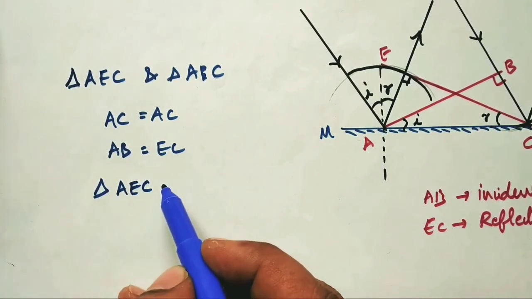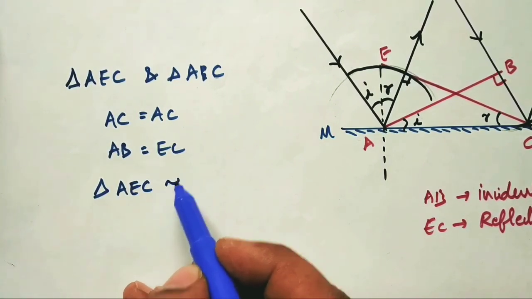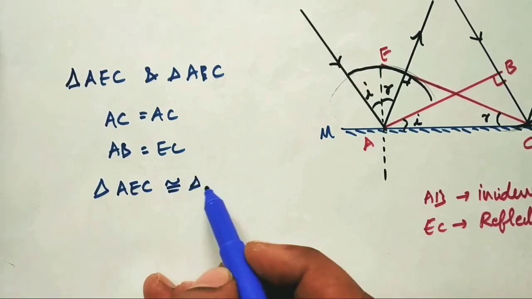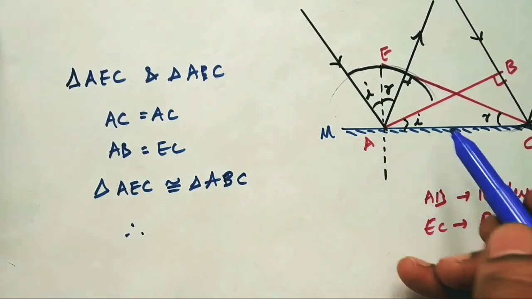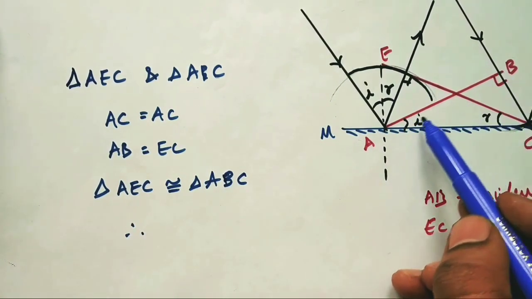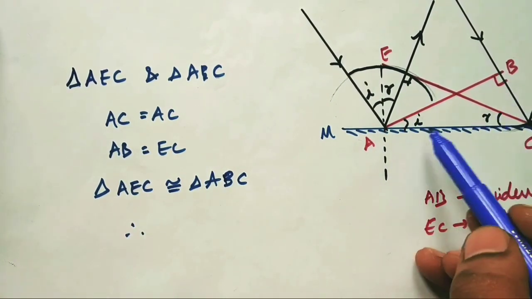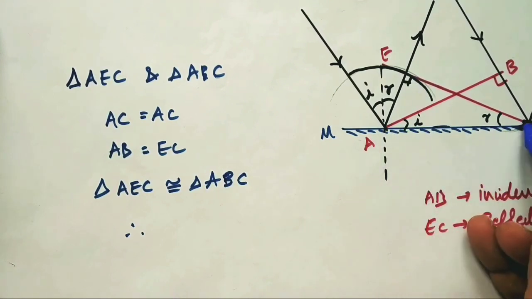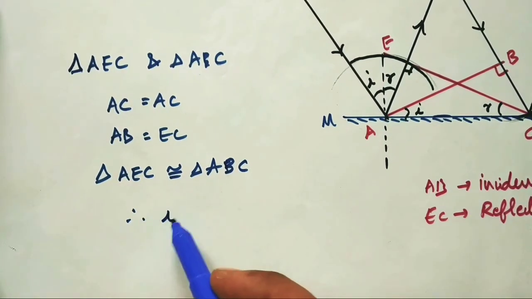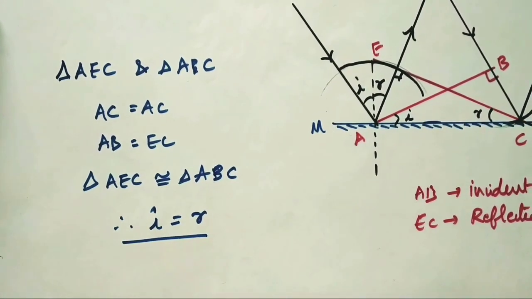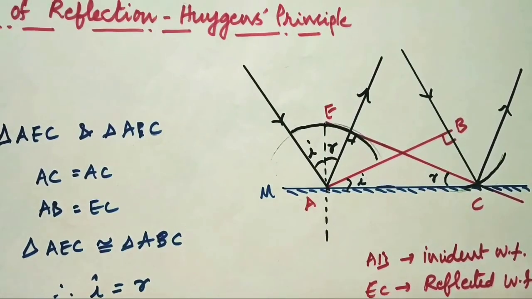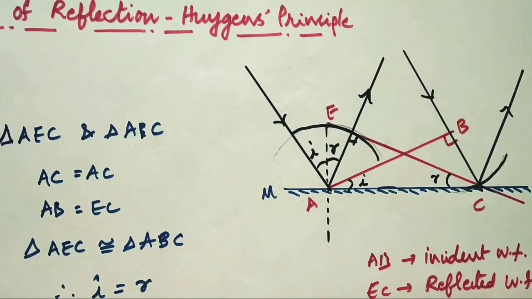So according to the congruency rule, triangle AEC is congruent to triangle ABC. The leftover angle of these two triangles are angle I in one and angle R in the other. So obviously angle I and angle R are the same. With this we can prove the law of reflection: the incident angle is equal to the angle of reflection.